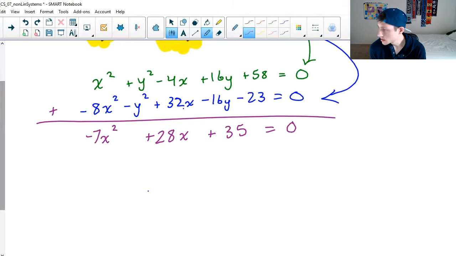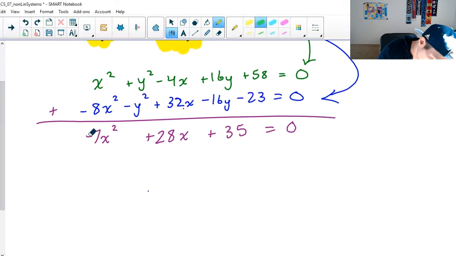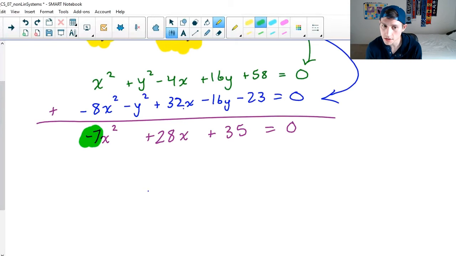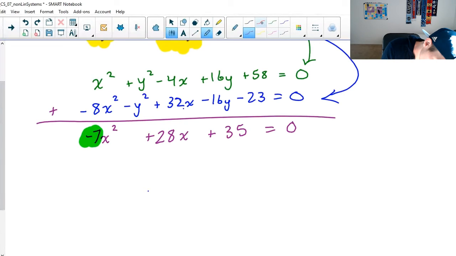Now we want to solve this. It's a quadratic, so let's try factoring. I can see that all three of these terms have a GCF in them. And that GCF is not just 7, but -7. Remember, if your first term is negative, then go ahead and factor out that negative as well. So let's say my GCF is -7.